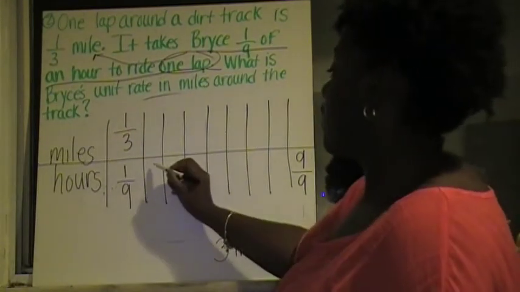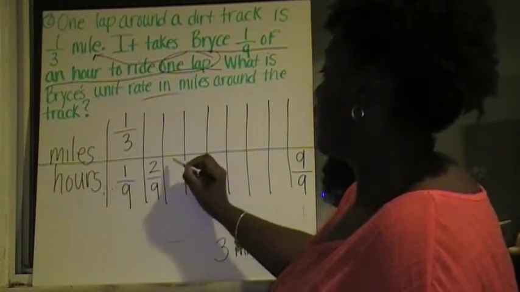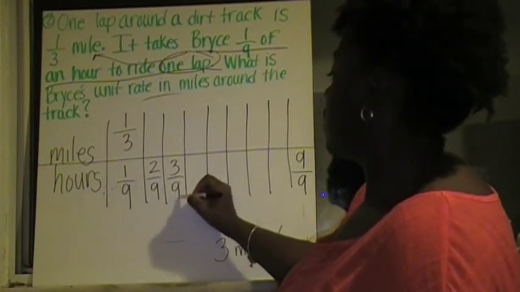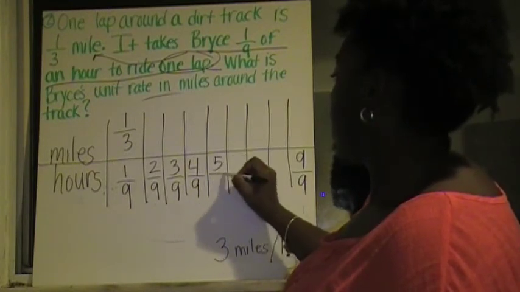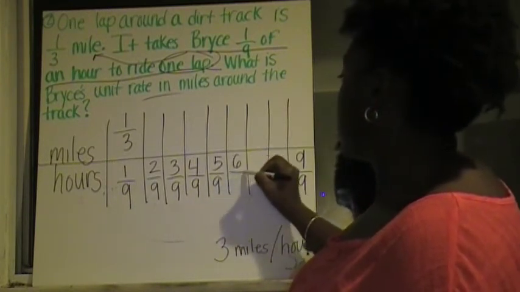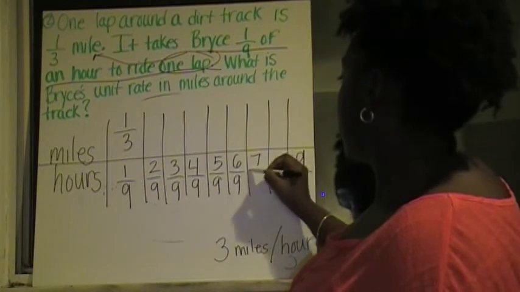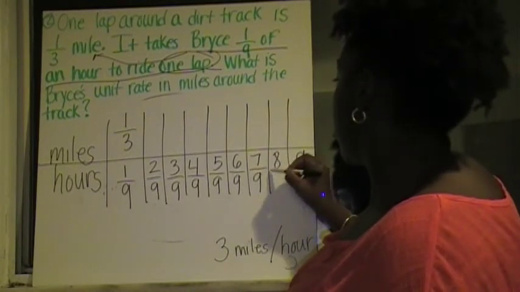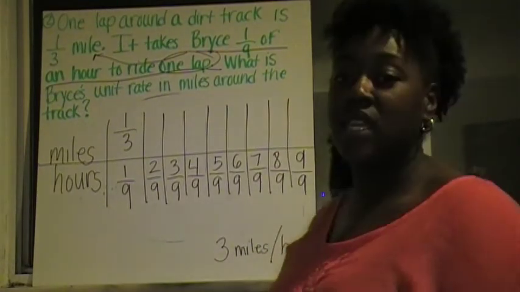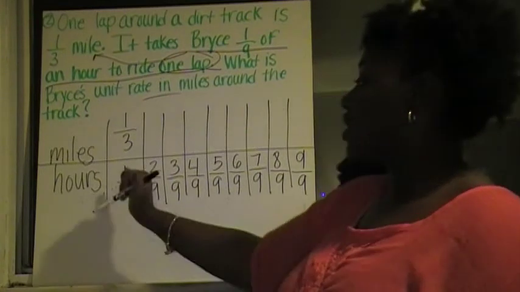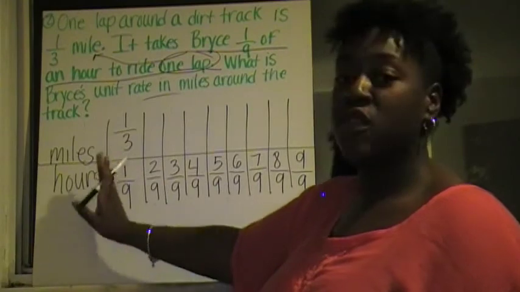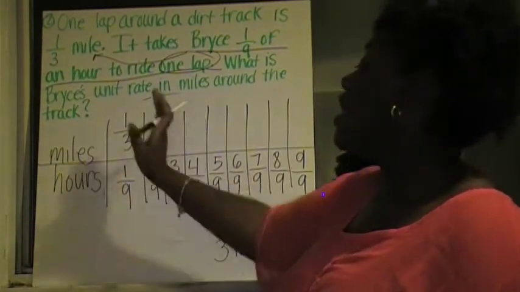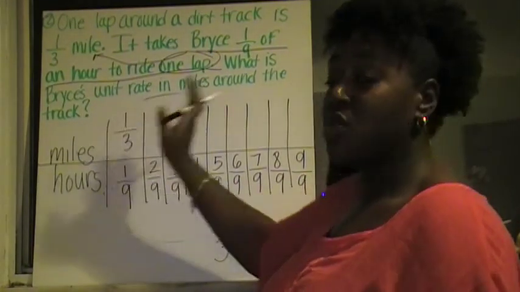Okay, so let's fill in 2/9, 3/9, 4/9, 5/9, 6/9, 7/9, 8/9. Then we've got 9/9. Okay, so this is counting up by 1. So that means for every 9th of an hour, Bryce is going to go 1/3 of a mile.